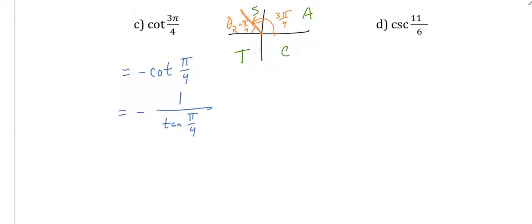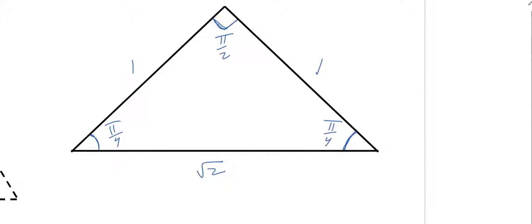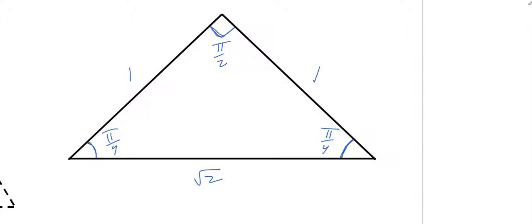Cotangent is positive in the same places where tangent is positive, because you're just flipping them. Tangent is opposite over adjacent. Cotangent is adjacent over opposite. Otherwise, everything else is the same. Tan of pi over 4, I go up here, and I see that I have pi over 4. And like I said, it's opposite over adjacent.